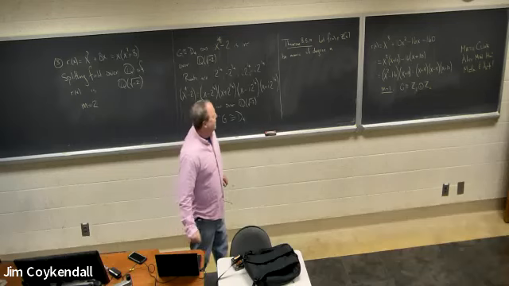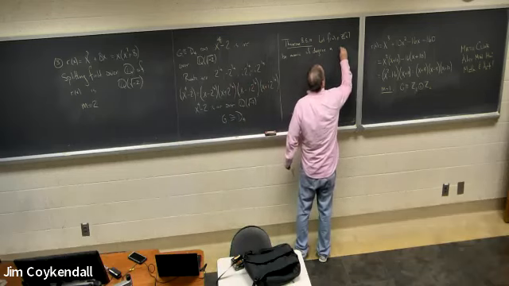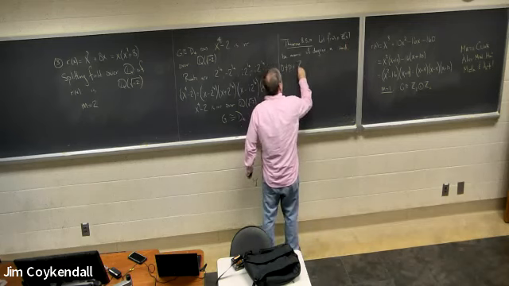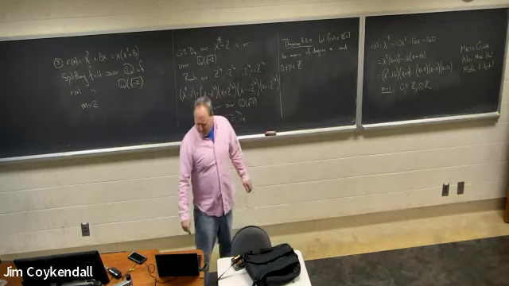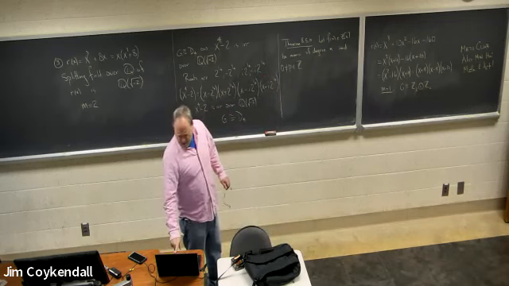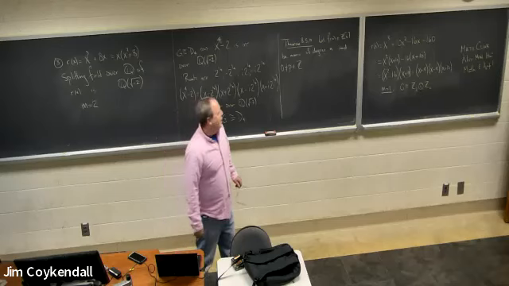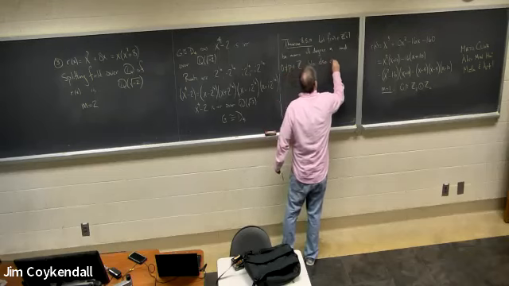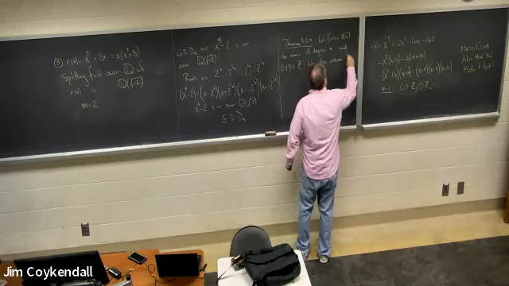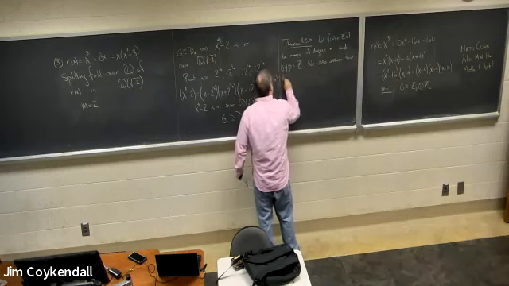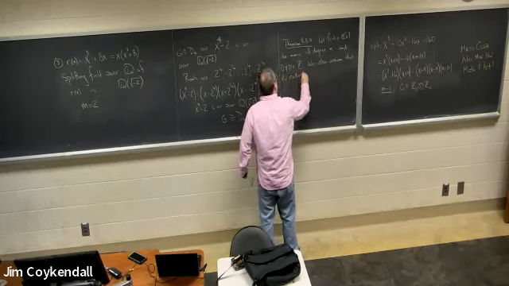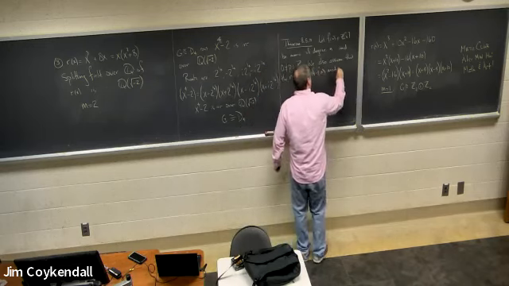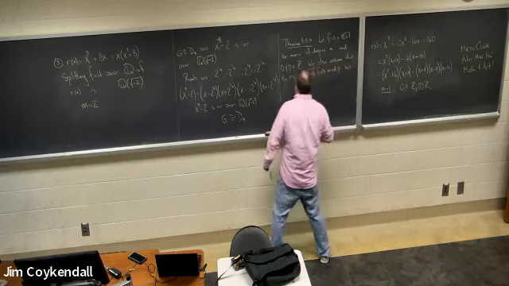Let p be a positive prime in Z. You also assume that the reduction of f of x mod p has distinct roots.